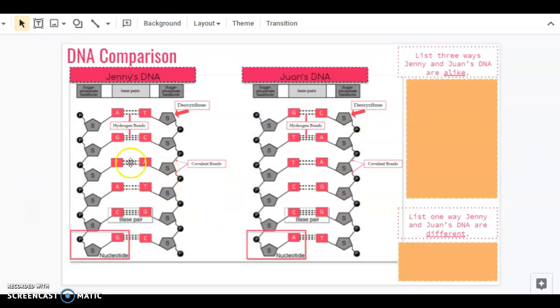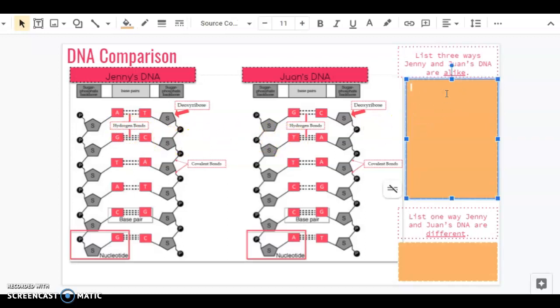When you look at DNA in two different organisms of the same species, like here two humans, you may notice that the DNA has the same chemical structure, but the sequence may be different. So here's Jenny's DNA and Juan's DNA. How are they alike? Well, both of their DNA are made of nucleotides.